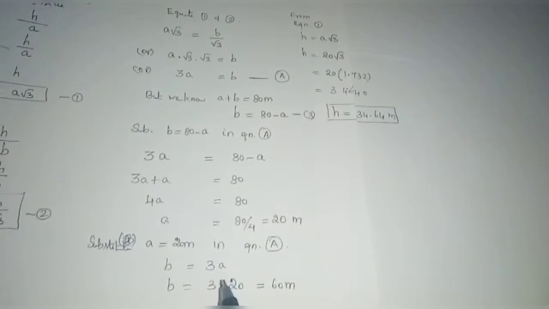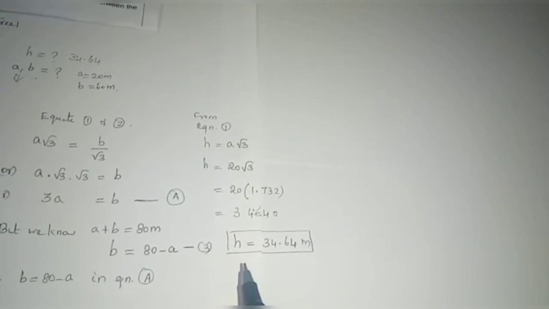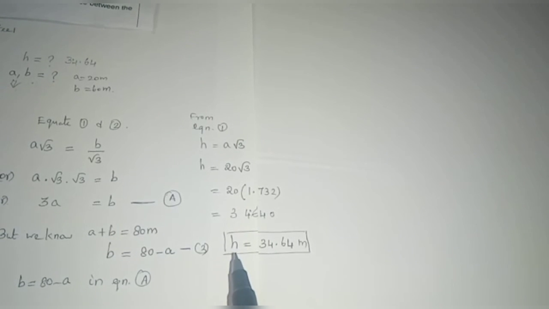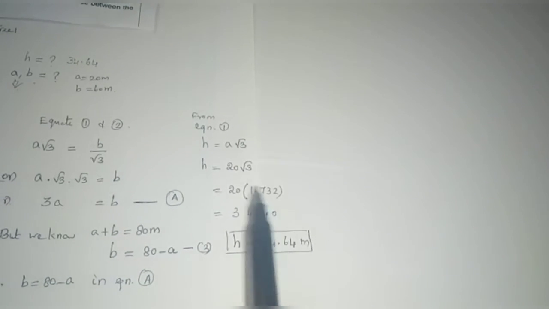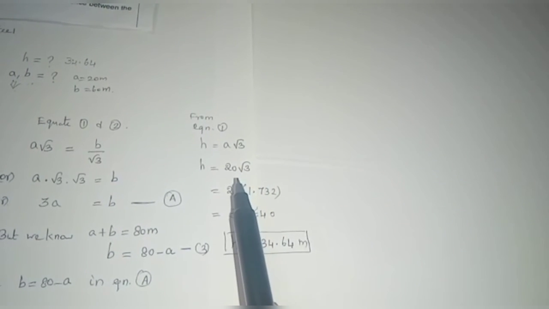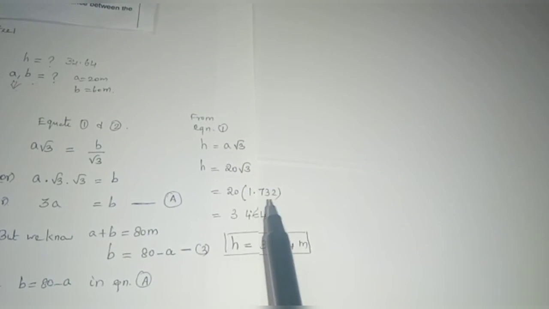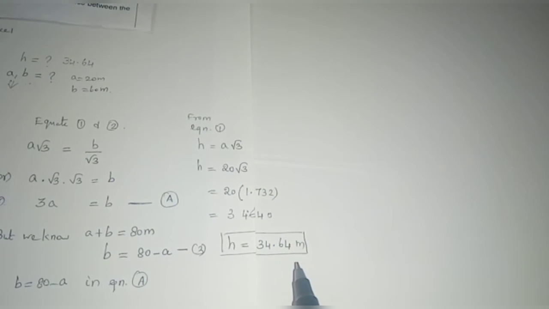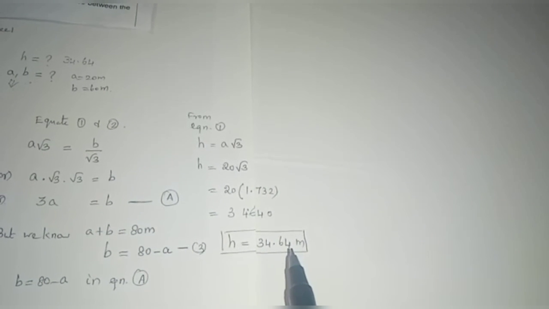Then you will get the b value as 60 meter. Then after finding a and b value, we find the height of the tree. From equation 1, the height of the tree is a root 3. a value is 20. So 20 into root 3 is 34.64. This is the answer for this question.